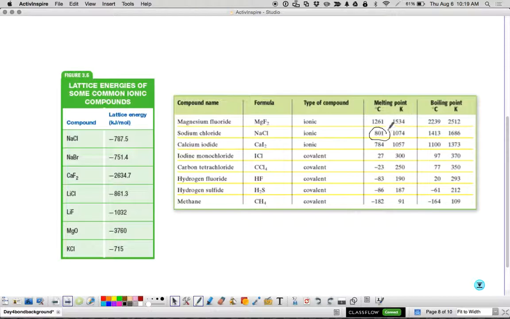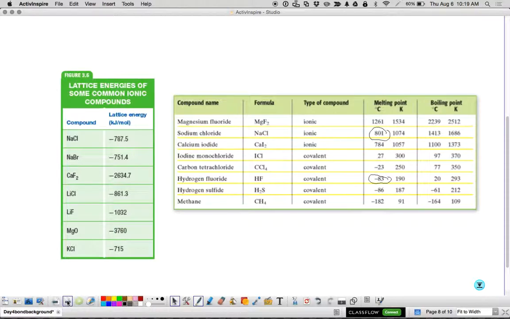Look at this. This is melting point. Sodium chloride, 801 degrees, versus let's say HF, negative 83 degrees Celsius. Huge difference. So the interactions between molecules in covalent compounds are much weaker than the interactions between ions in a crystal lattice. Okay, they're just very strong.